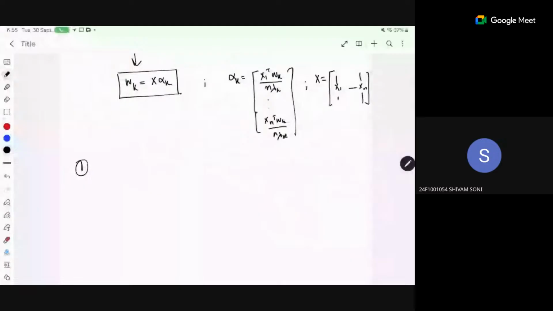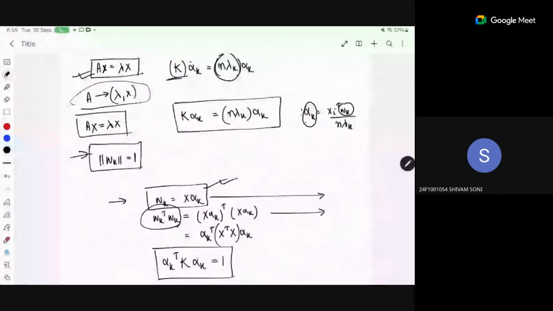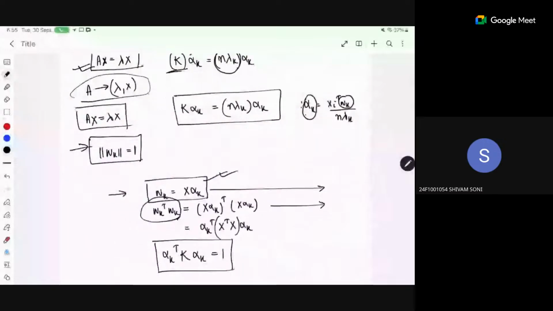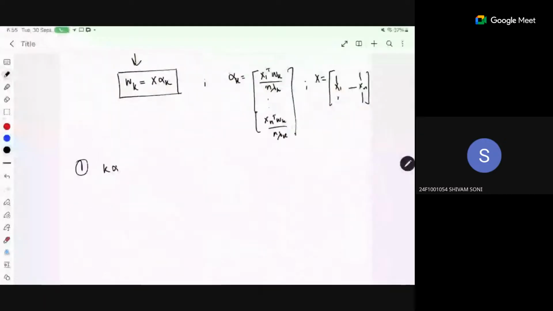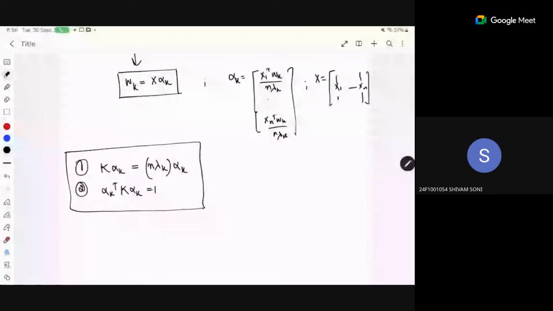One was this condition: K alpha K should be N lambda K alpha K, where K is a matrix, so K times alpha K equals N lambda K times alpha K. And the second is that alpha K transpose K alpha K has to be equal to 1. So this is what we got.